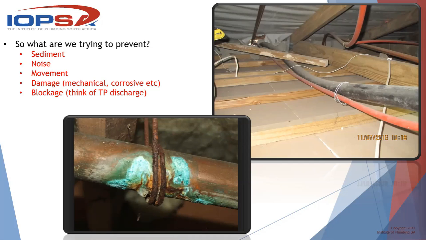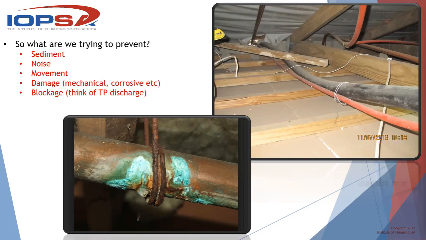And believe it, there is a way in which you can actually block a pipe just by having years and years of sedimentary settlement in a little bow of a pipe. And you go after 10 years and you cut that pipe in half, and it's half full of sediment, and you've blocked the flow of that pipe. Noise because of changes of direction, unnecessary changes of direction, as well as loose pipes. All of these things is what we are trying to prevent.